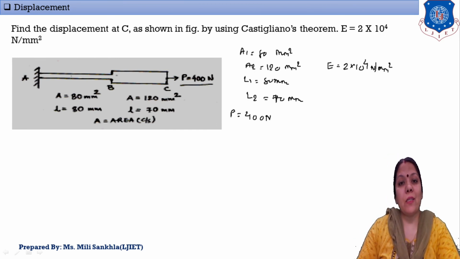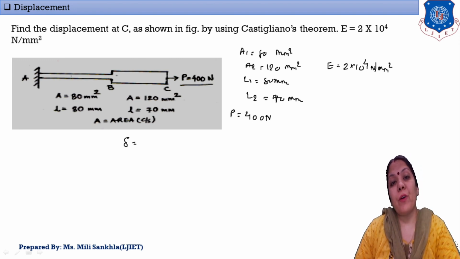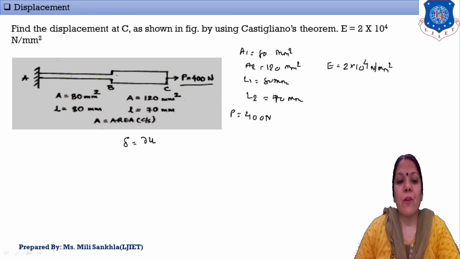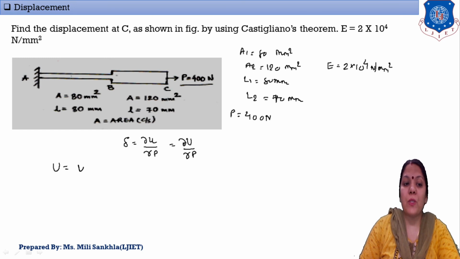Now what is the equation of deflection? If you remember our first statement of Castigliano's theorem 1, deflection is equal to the partial derivative of strain energy with respect to load, that means del U by del P. Now what is U? U is equal to the summation of the strain energy of part 1 and the strain energy of part 2.